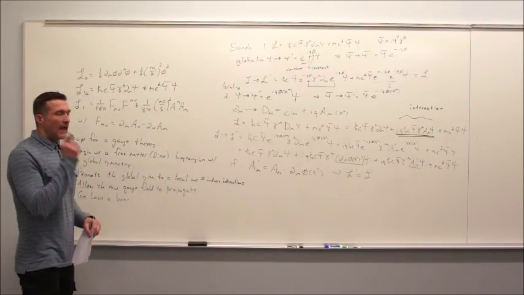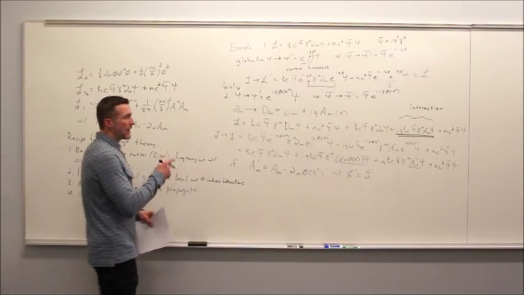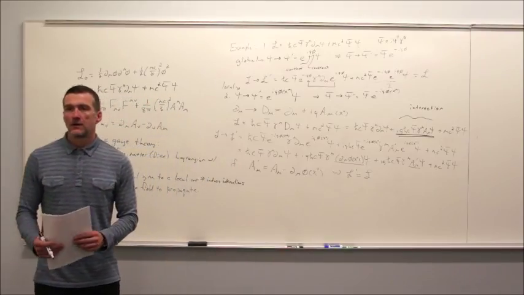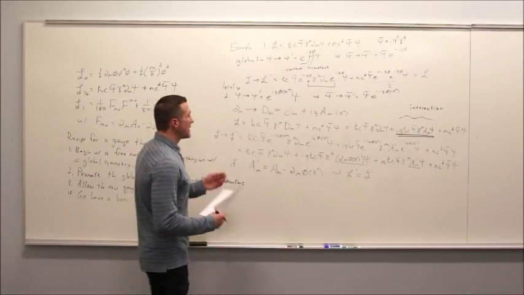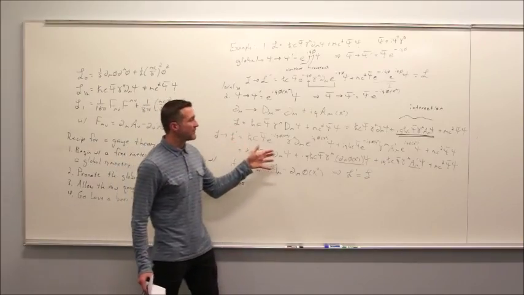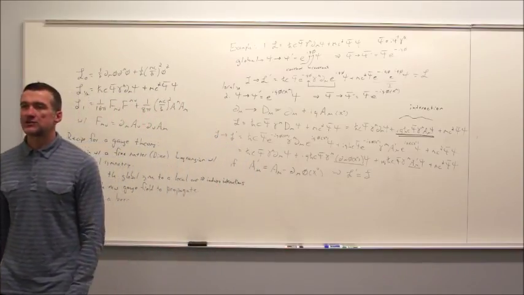Now, at this point, the field A in my Lagrangian cannot propagate. What that means is if you tried to apply an action principle to get an equation of motion for A, you wouldn't get a very interesting result.